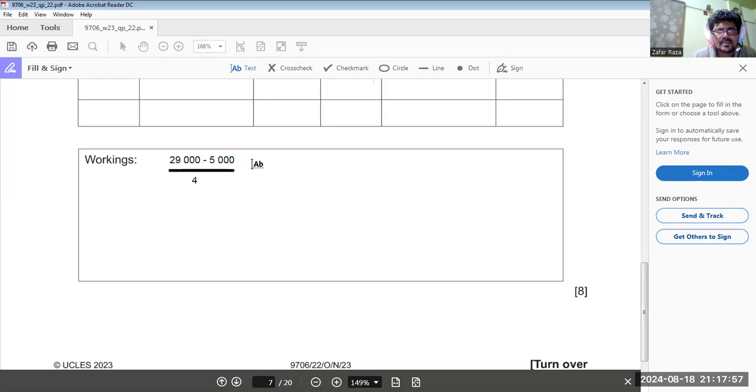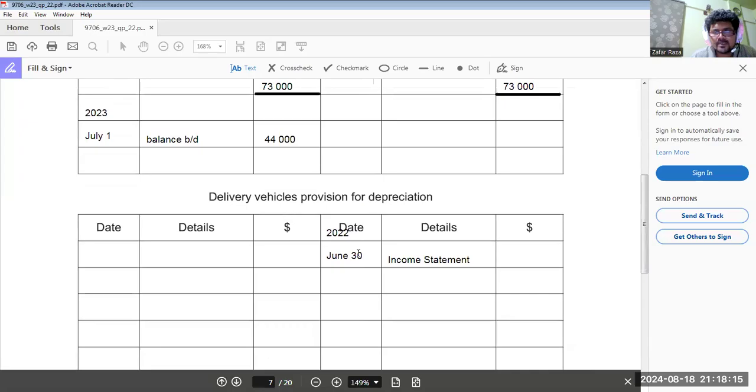So we'll get the depreciation per annum here. That would be how much? 29,000 minus 5,000 divided by 4, 6,000. Okay. So first year depreciation is here 6,000.